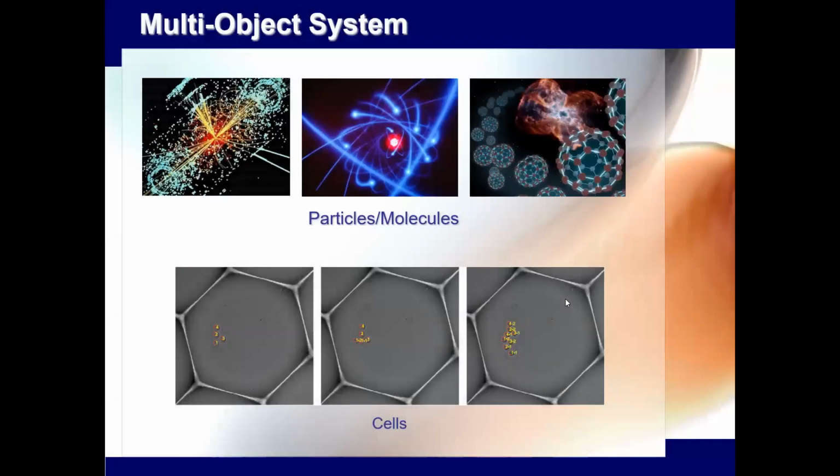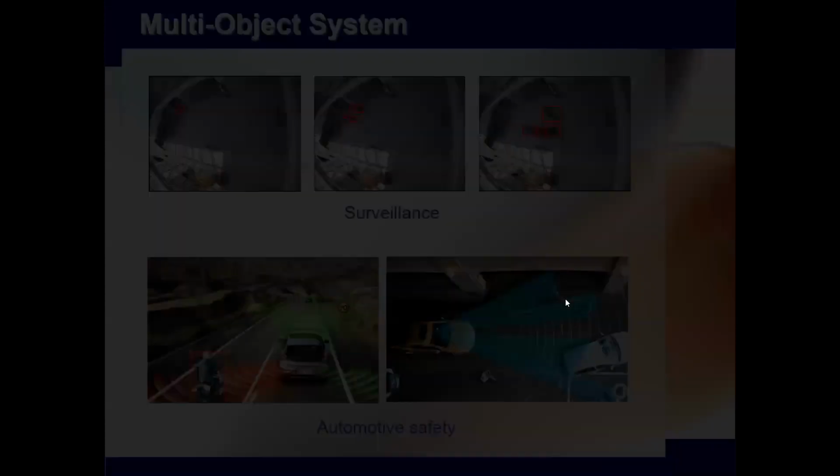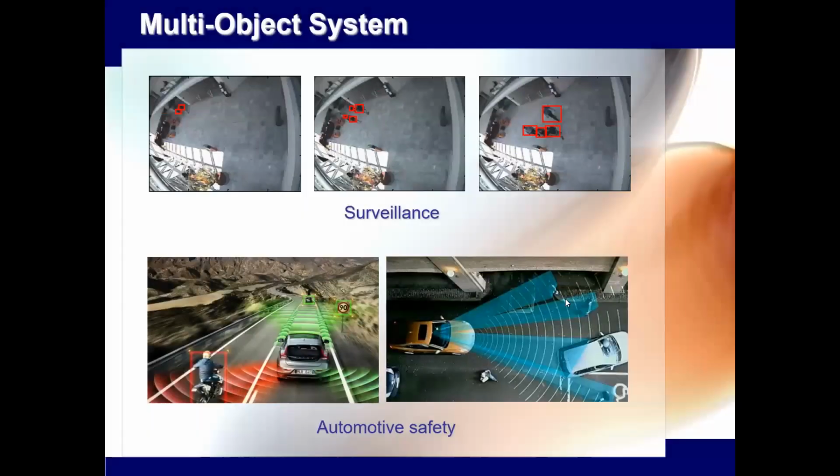So this is just a brief example: particles, molecules, cells, and then surveillance, autonomous safety. These are well-known examples of multi-object systems.